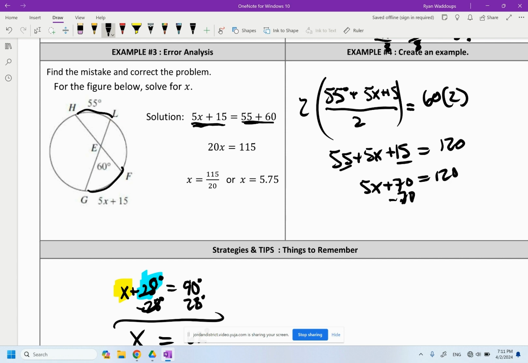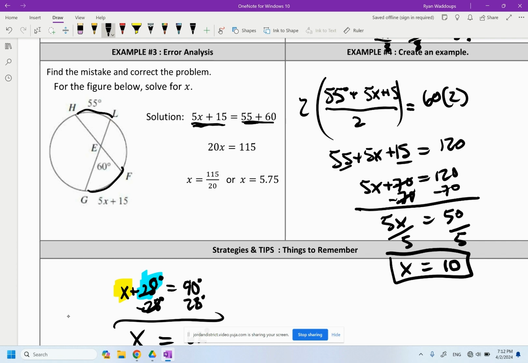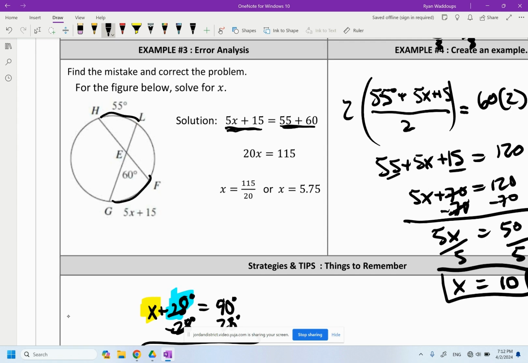Then I subtract 70 from both sides. 5x is equal to 50. Then I divide by 5. X is equal to 10. That would be the correct solution to this problem. You add the two arc measures, you divide by 2, and that will give you either that this is 60 or this is 60. They'll both be equal. These are called vertical angles, and they are always equal.